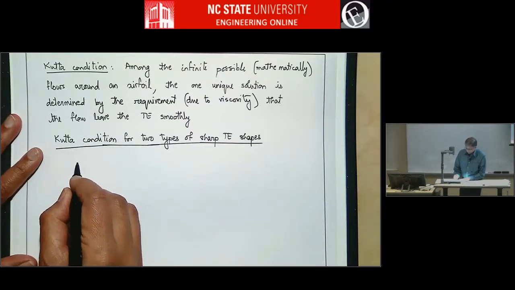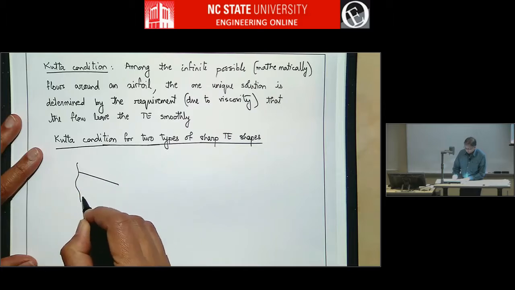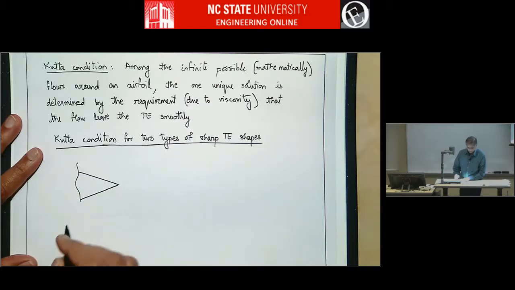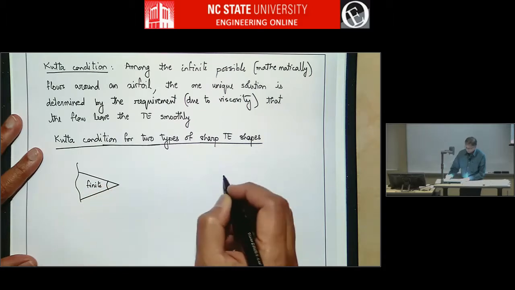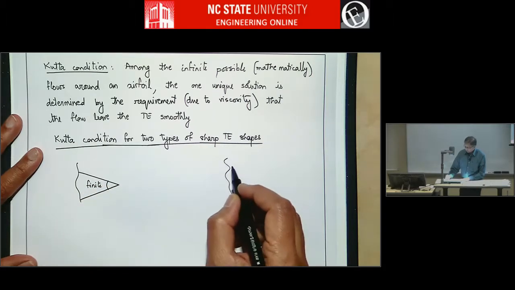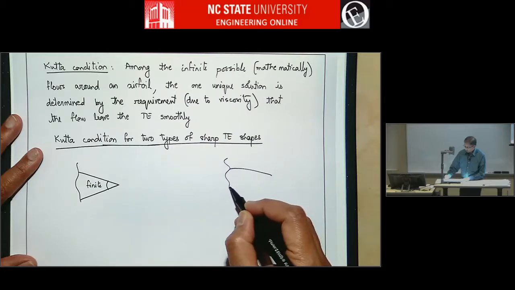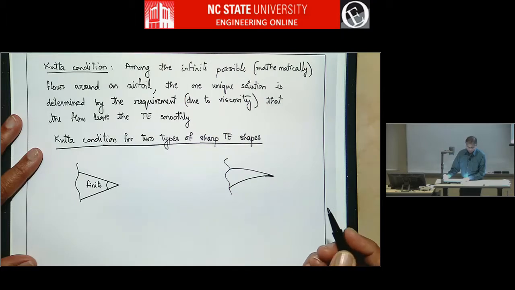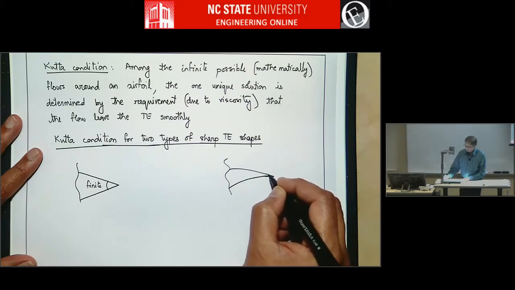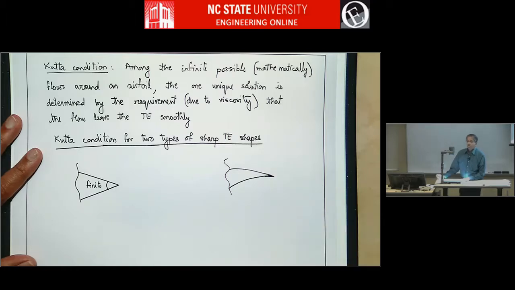One is a finite angle trailing edge where you have a trailing edge that looks like this. So this angle is finite. And the other is a trailing edge where the upper and lower surfaces meet tangentially. So this angle is 0. Right at the trailing edge, the upper surface and lower surface are tangential.